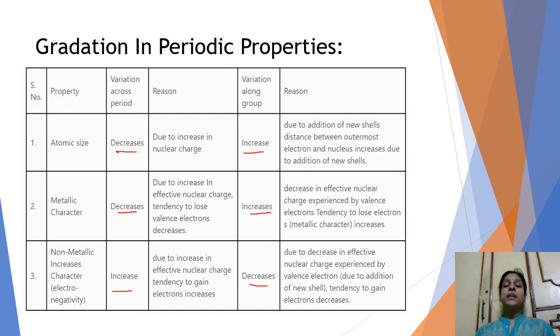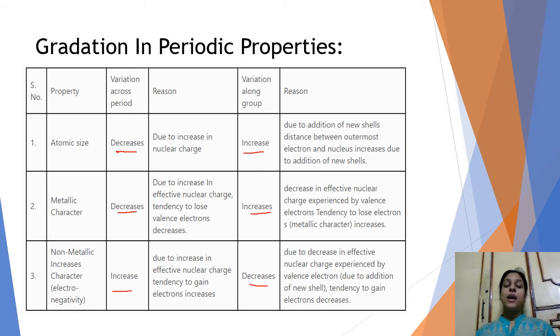Valency remains the same in a group, whereas across a period it first increases from 1 to 4 and then decreases from 4 to 0. Metallic character is the tendency of an atom of an element to lose electrons, which decreases across a period, whereas it goes on increasing down the group.